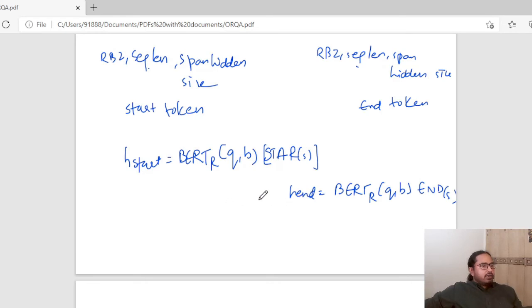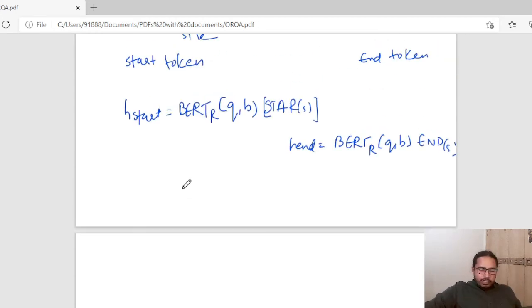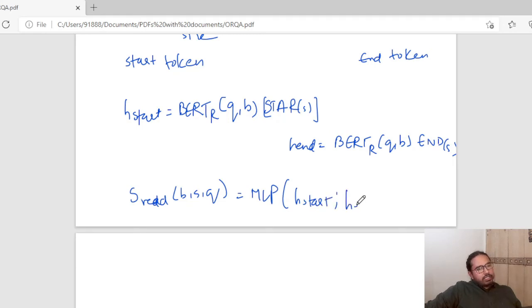So the scoring function that the reader gives for a particular pair of B, S and Q is MLP of H start concatenated with H end.